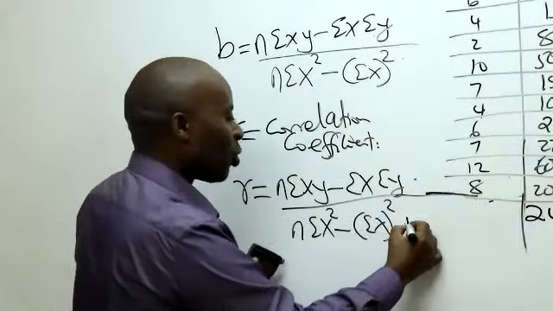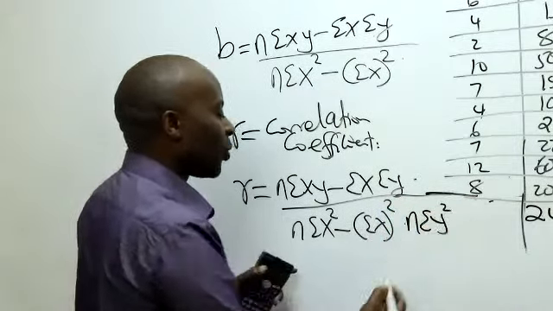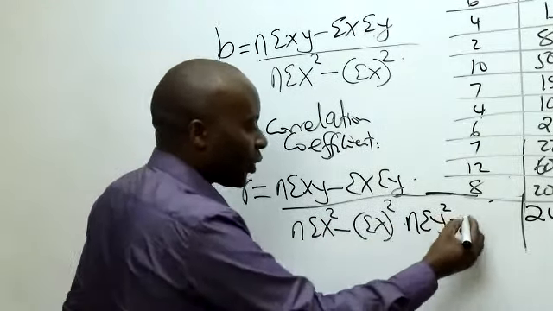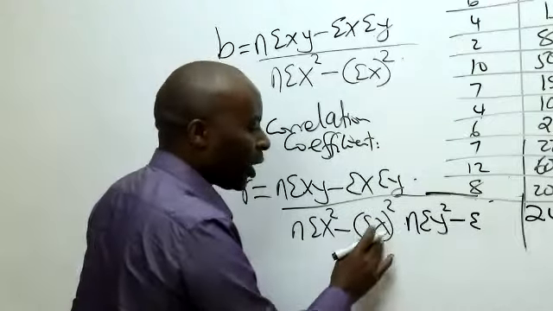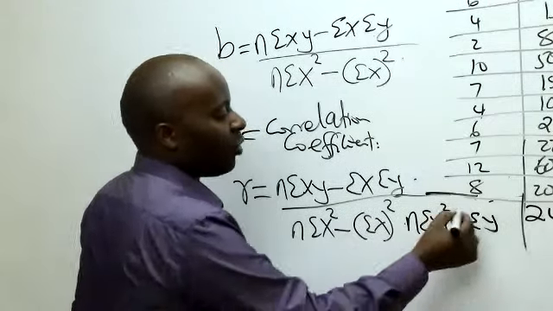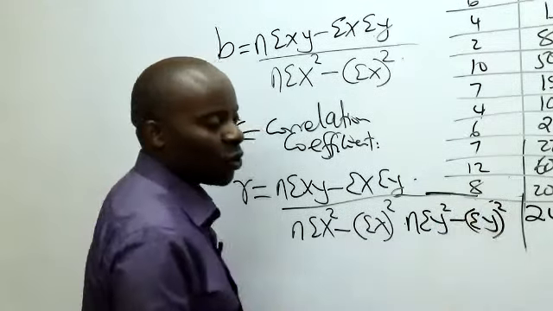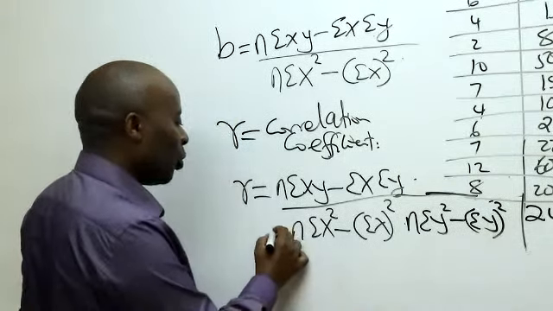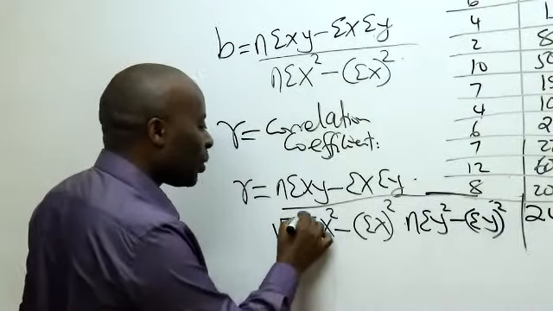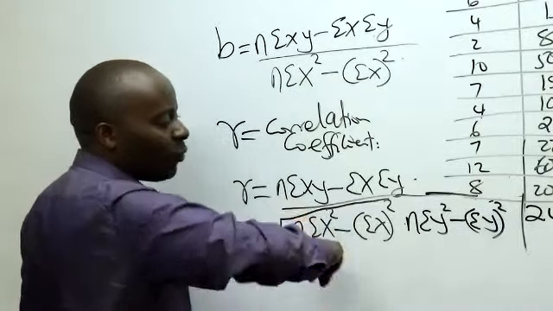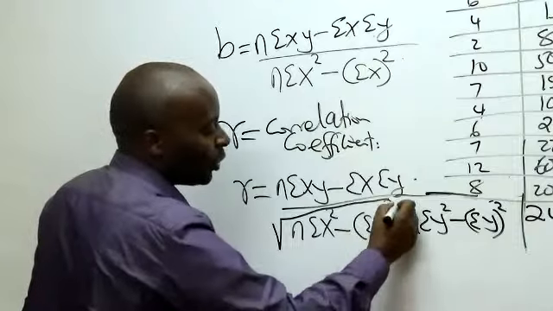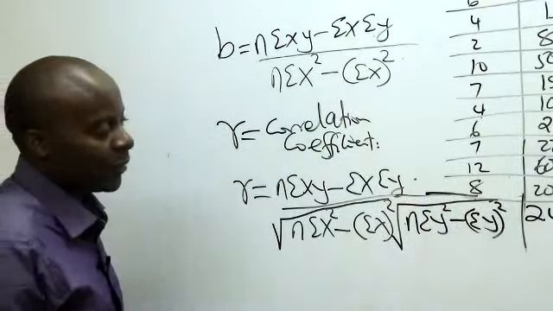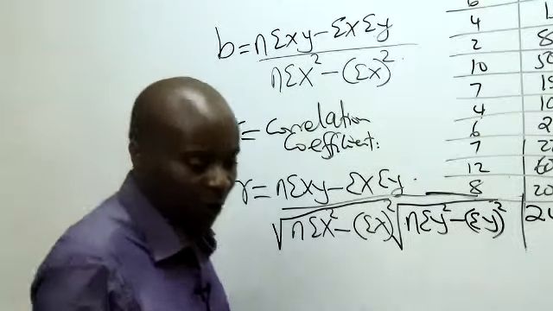Here we talk of n, summation of y squared, following the same format, minus summation of y, which in this case has to be squared. Then you put square roots, under individual brackets. You could have one, but I prefer both, like that.